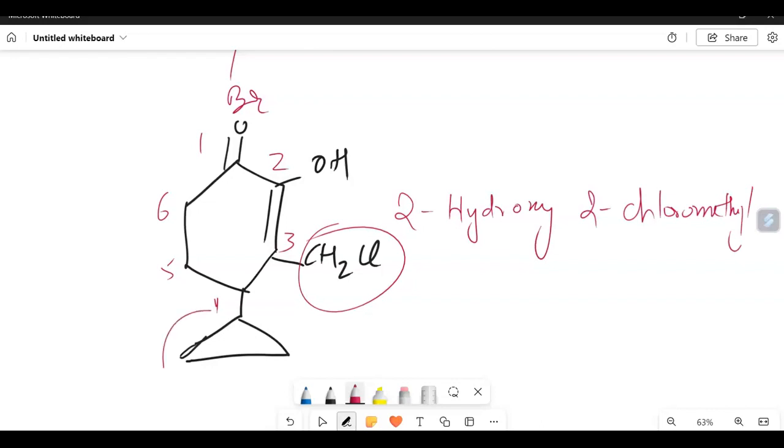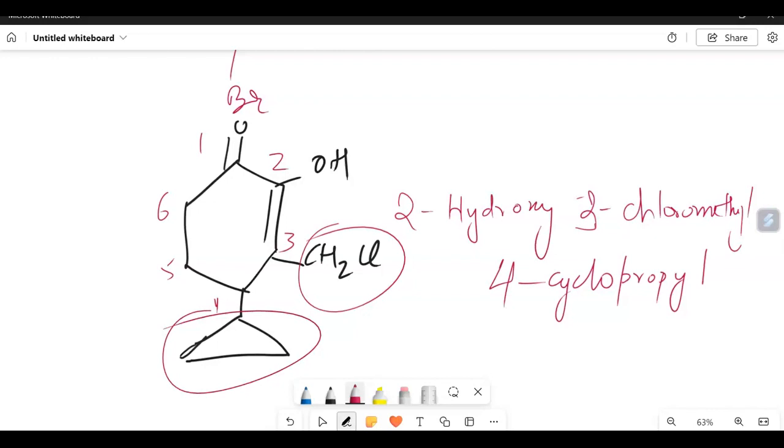Then we have this compound. How many do we call it? 3 at 3 or 4. 2-hydroxy, 3-chloromethyl, 4-cyclopropyl, cyclohex-2-en-1-one.